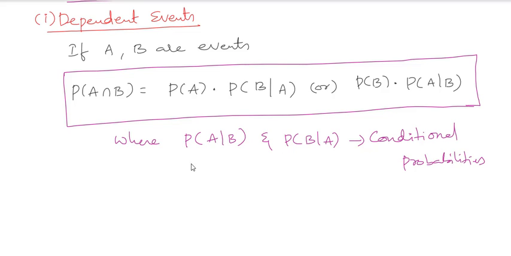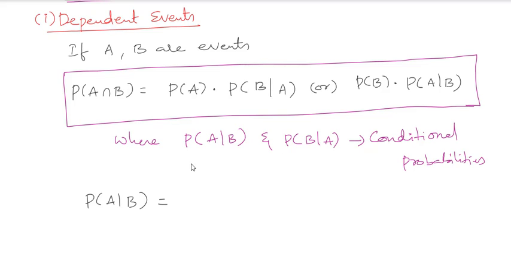See here, from this I can represent it. Check it out. Can you tell me what is the probability of A given B here?